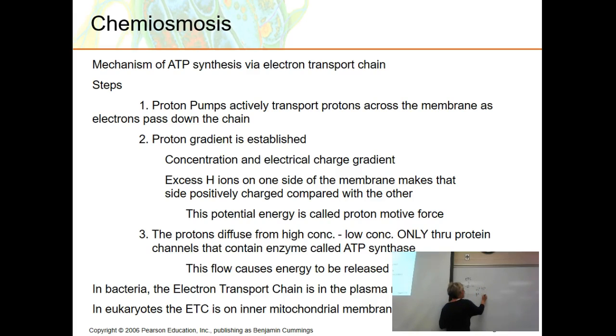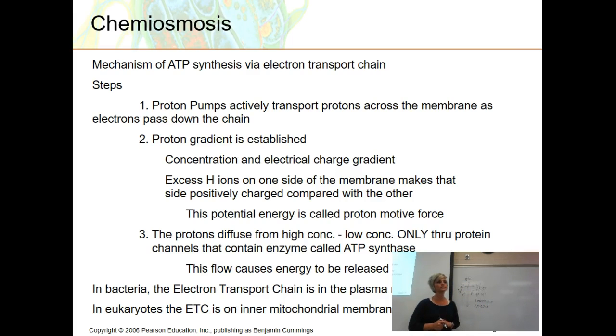When I do that, I start to generate two types of gradients. The first type of gradient is a concentration gradient, right? The second type of gradient is an electrical gradient.